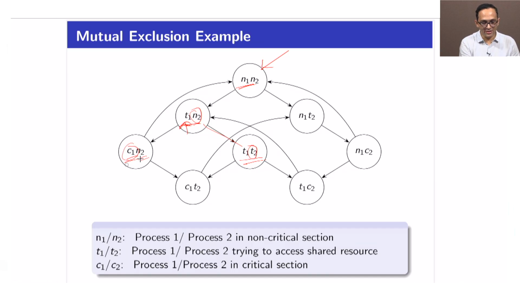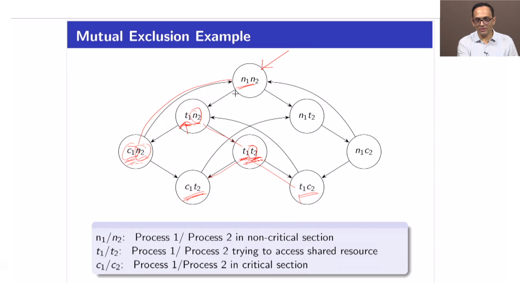After this, in this state, it may happen that it completes the critical section operation and moves back to N1, or in this state process 2 can also ask for the critical section. So, it may reach C1 T2. Similarly, in T1 T2 either process 1 gets access, then it will move to C1 T2, or process 2 gets access, then it will move to T1 C2. It means process 1 is trying and process 2 gets the critical section, right.